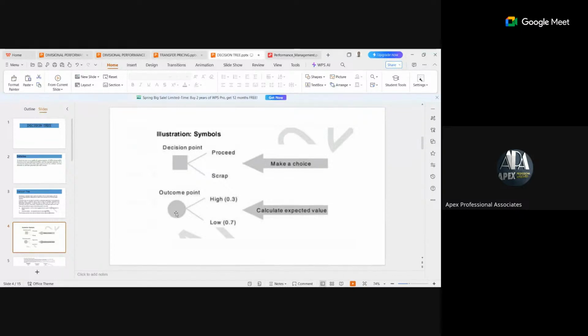This is a chance node or outcome point, and it's often associated with probabilities, the point where you calculate your expected value. And when you calculate your expected value at this point, you return back to the first stage of your decision. These outcome points will determine your decision at the first stage.